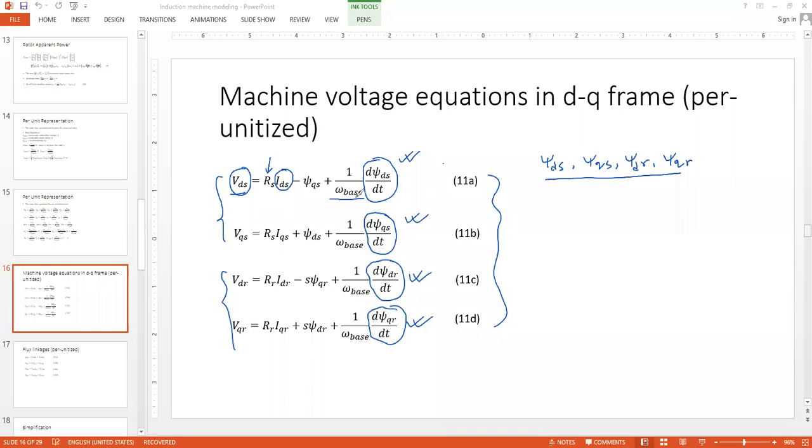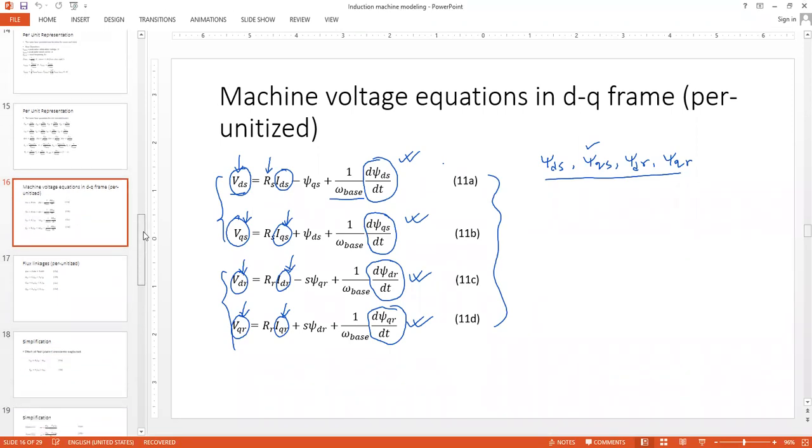Omega base is the base angular frequency, also a constant. Psi QS is listed here, so there's no problem with that. But we still have to deal with VDS, IDS, VQS, IQS, VDR, IDR, and VQR, IQR. These are the elements that are still causing some problem in our state space model representation. So let's see slowly how we can get rid of those, or how we can express those in terms of our state variables.